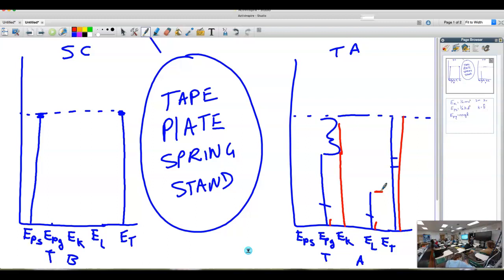Okay, so let's look at it for a second. When I get here with the tape, I've transferred kinetic energy into this. Nothing else is touching it. It's going to go up and that kinetic energy is going to change into what? Potential energy, right? Is it going to gain any other energy from anything that it flies in? So how big should this kinetic energy be? As big as the gravity, because it's still going up.